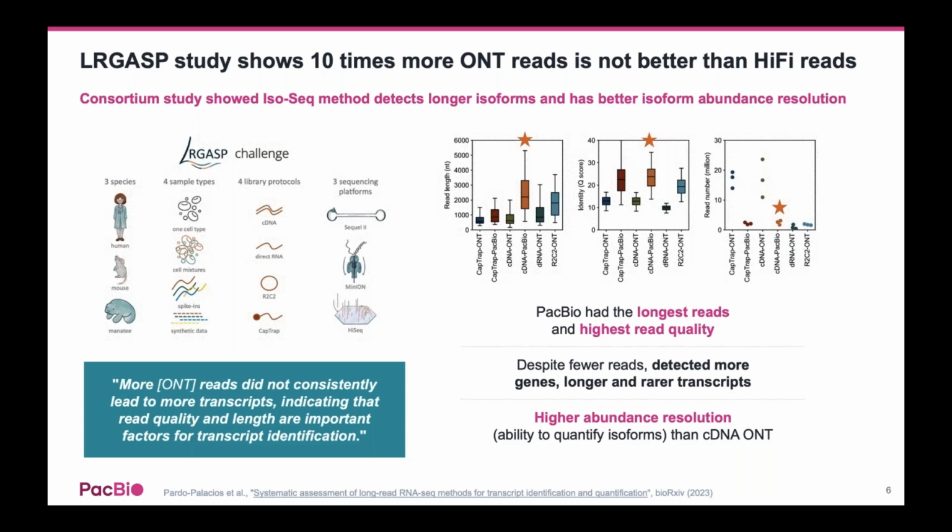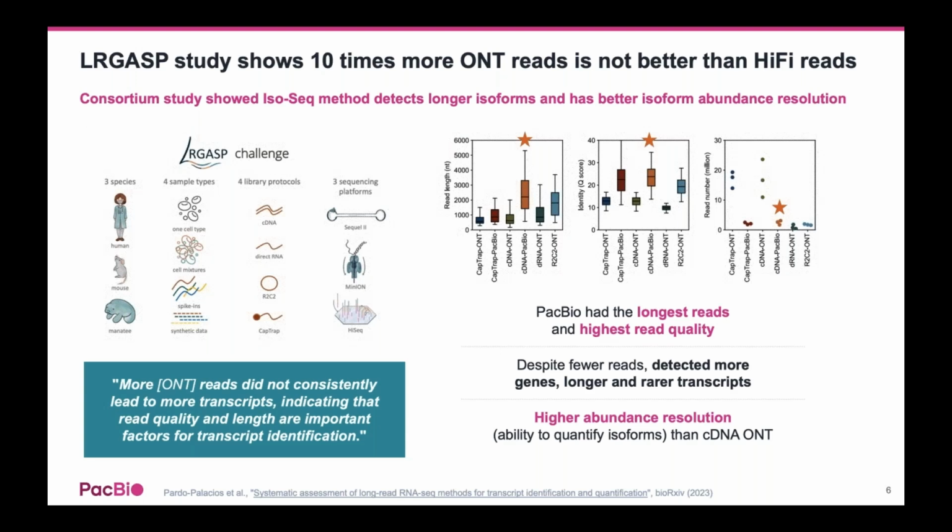They found that PacBio detected the greatest number of genes and had exclusively detected transcripts that were the longest and had significantly lower expression. Interestingly, they noted that Oxford Nanopore data, despite in this instance having comparatively more reads, did not consistently lead to more transcripts, indicating that the quality and length are important factors for transcript identification.